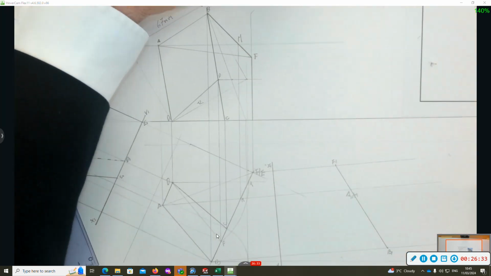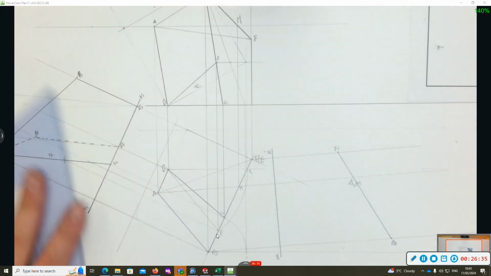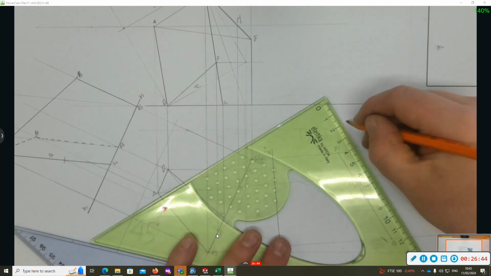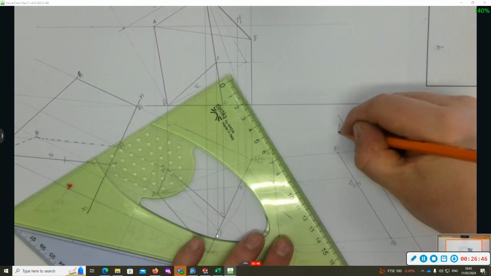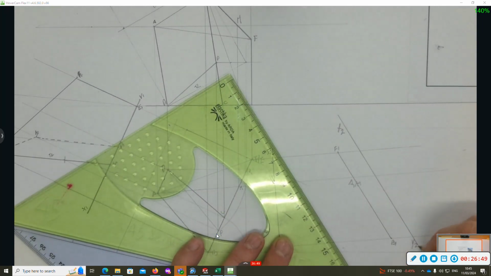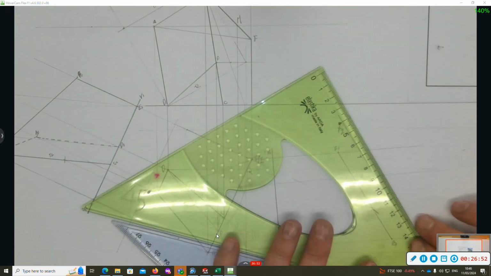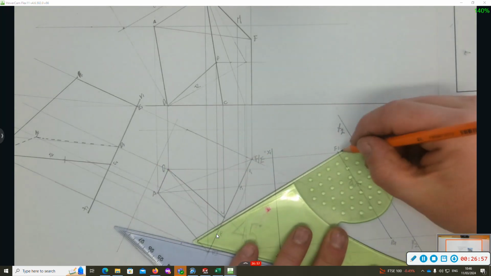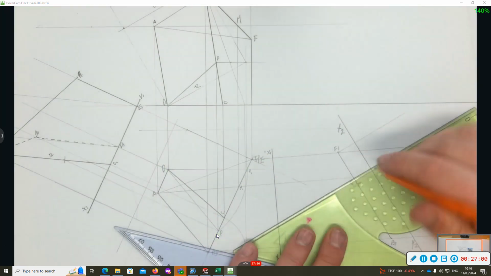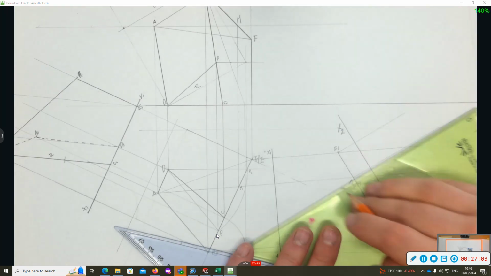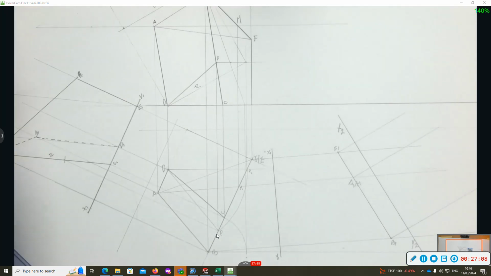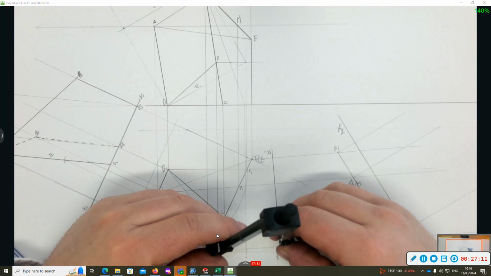Now, I'm going to look perpendicular to the surface AFB. So I'm going to draw in an X2, Y2 line. My projection lines are at a right angle to it. And I'm going to take my distances from my X1, Y1 line back to plan.